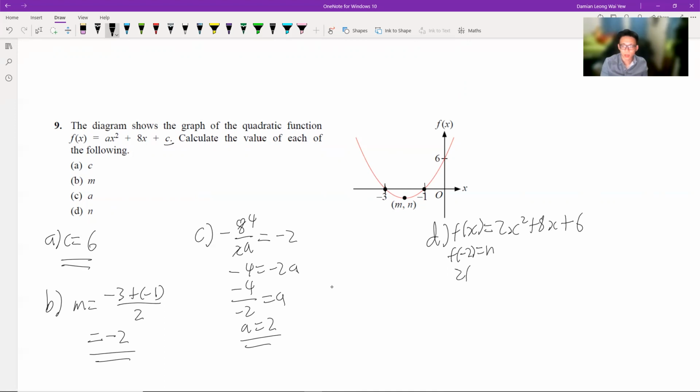So 2 times (-2) squared plus 8 times -2 plus 6 equals your n. This is 2 times 4, 8, minus 16, -8, plus 6, -2. n is -2. So that is for question 9 here.